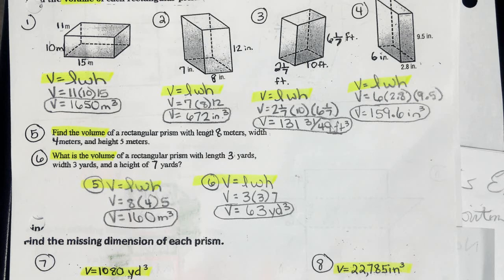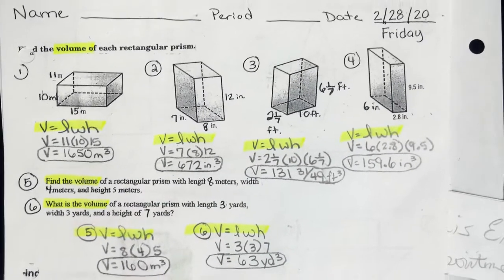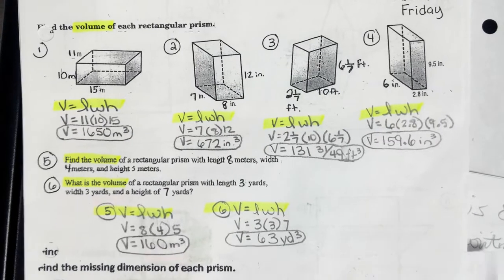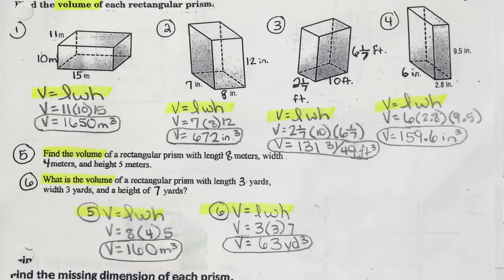Friday's assignment. If you just got it, I do not expect you to try to make it up, but I would at least write down the answers in case you want to check them later. On 1 through 4, it is pure volume, length times width times height.